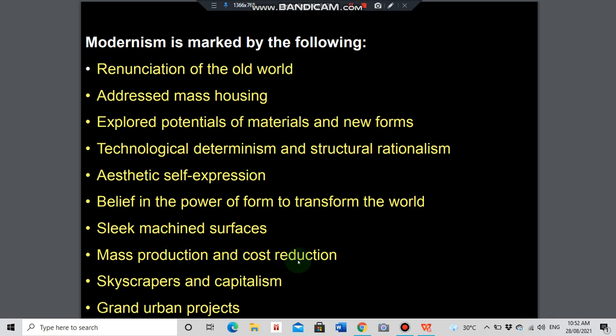Mass production and cost reduction. Okay, so mass production, because yun nga, gawa na ng manufactured in large quantities na siya by an automated mechanical process, mas mabilis, mas madali, mas pulido, mas quality, and of course, cost reduction, mas mura, because hindi mo na kailangan gumamit ng hard labor na napakarami, kundi mas mabilis na ito ang gumagawa.